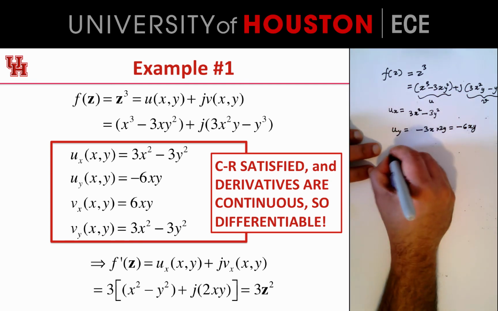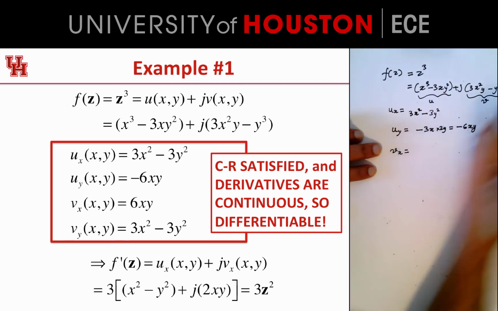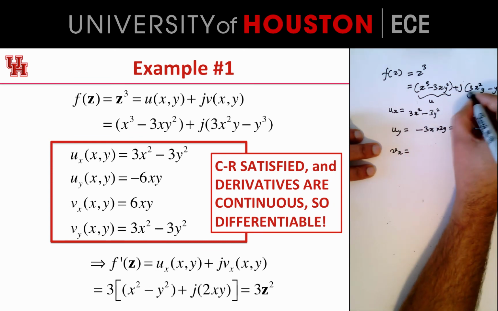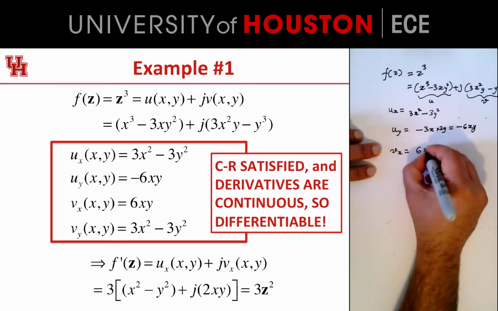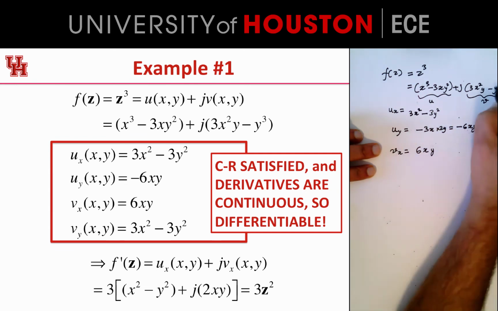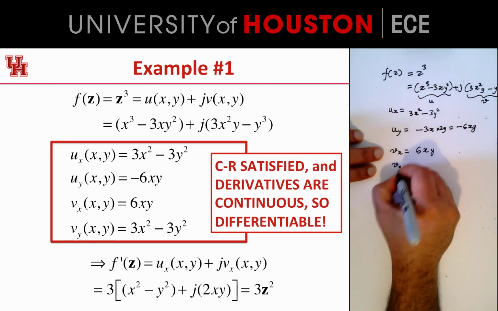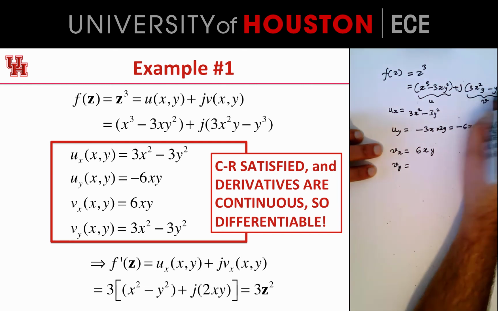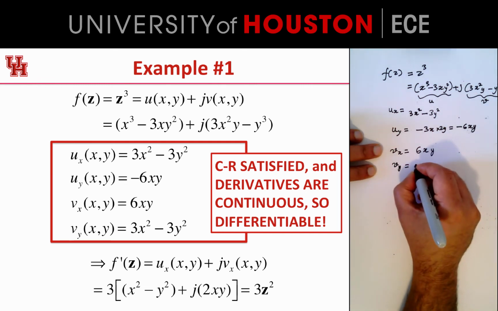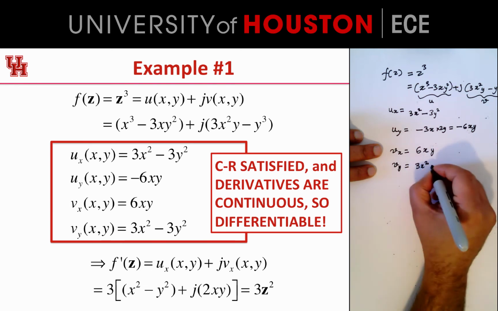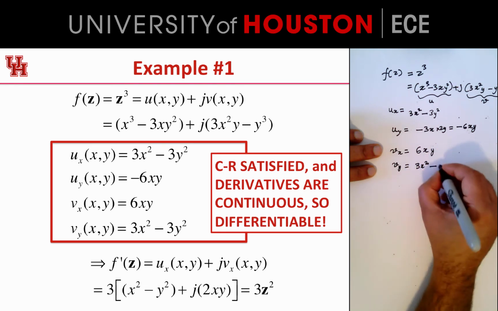Then vx: I differentiate this with respect to x, so I get 6 times x times y, and if I differentiate this with respect to x, I get nothing, it's 0. Then Vy: I differentiate this with respect to y, and I get 3x squared minus 3y squared.